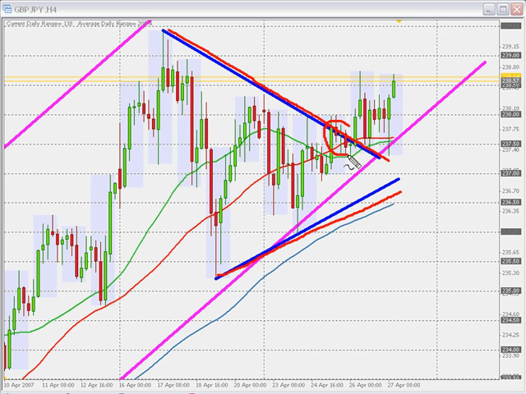Here is where we break the triangle formation. Boom, we break up, we retest the triangle top, and now we are about to score new highs.